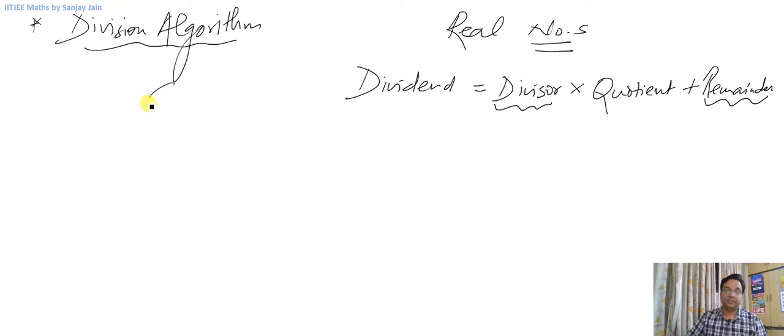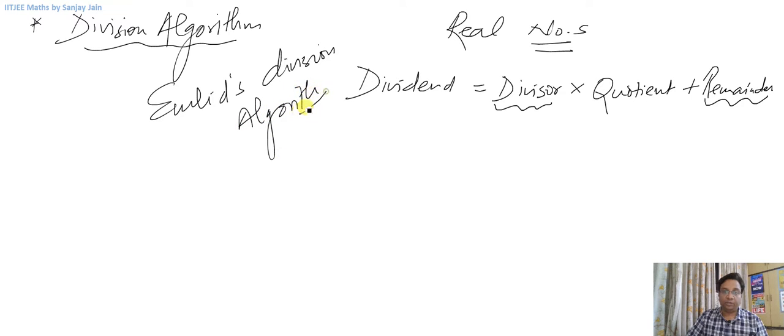This was Euclid's division algorithm, right? In case of polynomials also, this algorithm works.